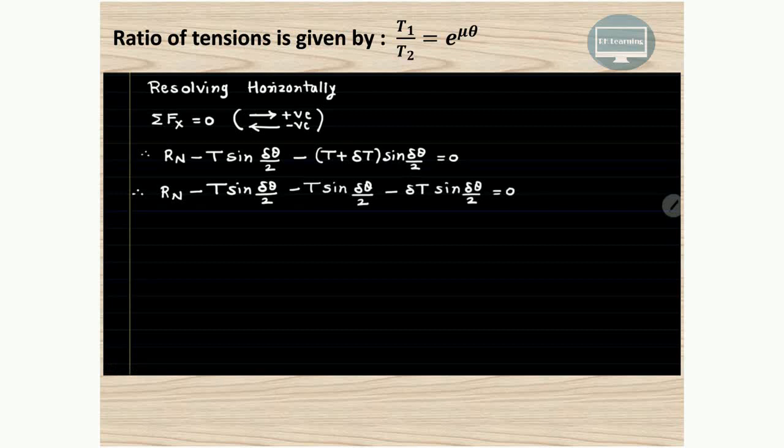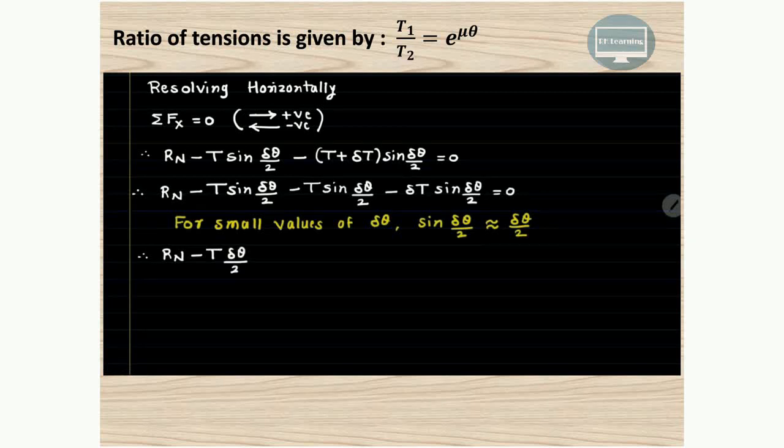Now for small values of delta theta, sine delta theta by 2 is approximately equal to delta theta by 2. So wherever we have sine delta theta by 2, we have substituted delta theta by 2. So Rn is equal to T delta theta by 2 plus delta T delta theta by 2.